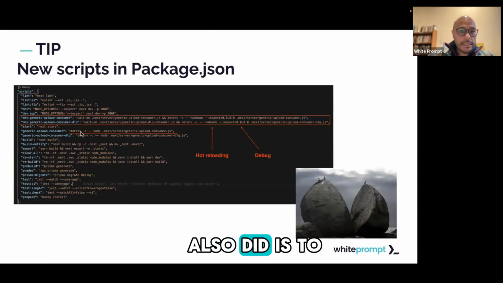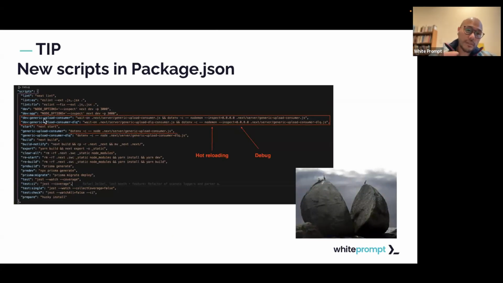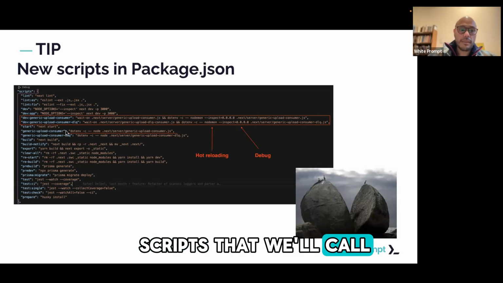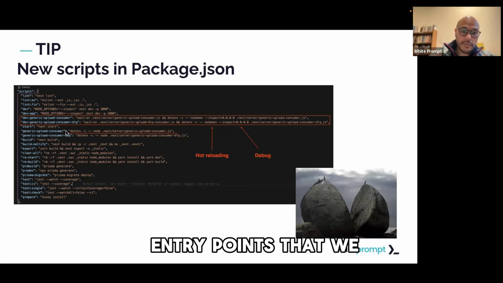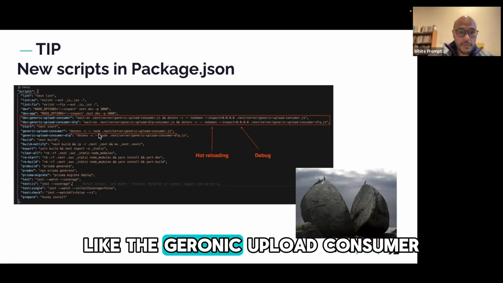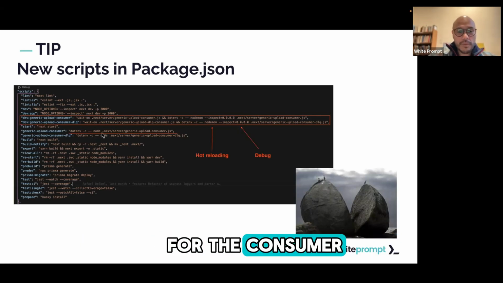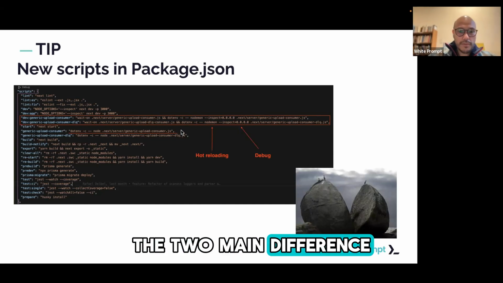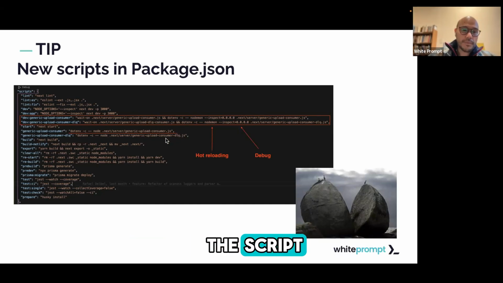Then what we also did in the package.json is to add new scripts that call these new entry points, which we call the generic upload consumer. We will have one for the consumer and another for the DLQ. Here you will see the main difference between scripts for development and for production.